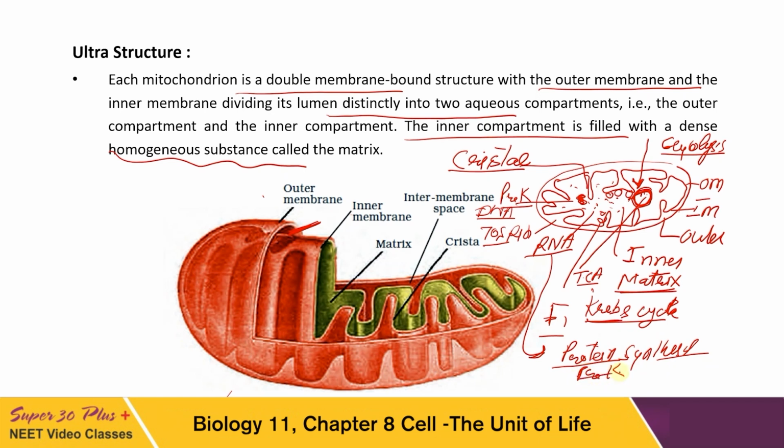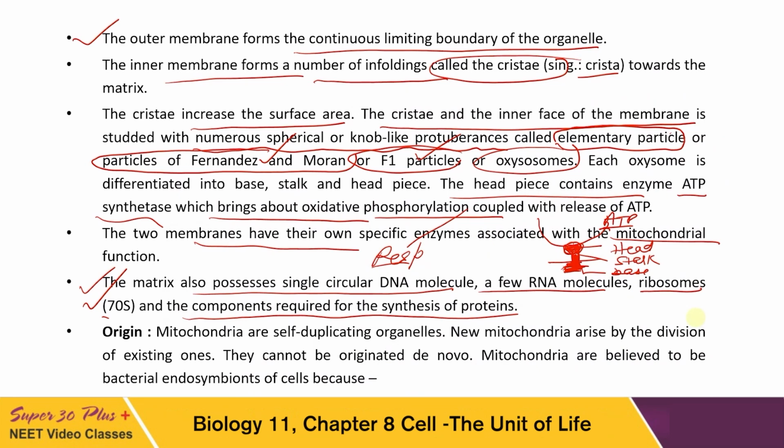So the important point is that the mitochondrial matrix has DNA, 70S ribosomes, RNA and different types of enzymes required for protein synthesis, which are urgently required by mitochondria. Very important point this is.